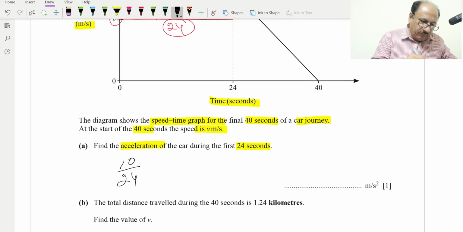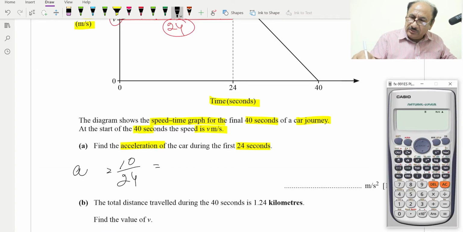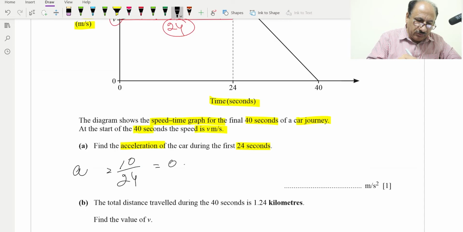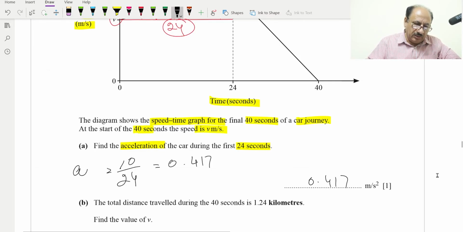This is equal to acceleration, and 10 divided by 24 is 0.4166, so we can write 0.417. So 0.417 meters per second squared will be our answer.